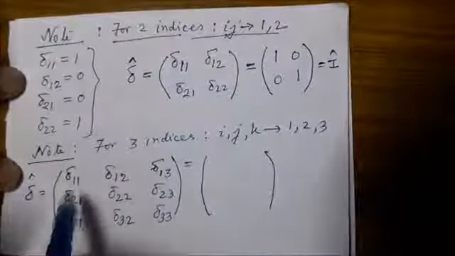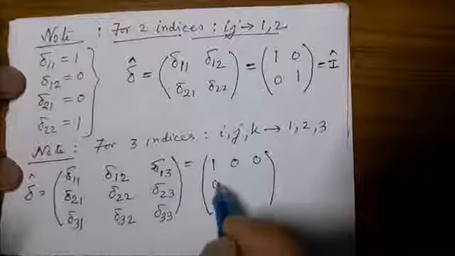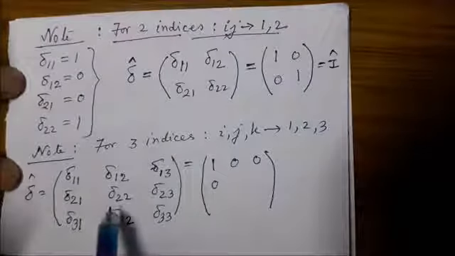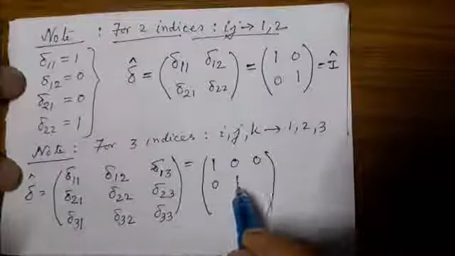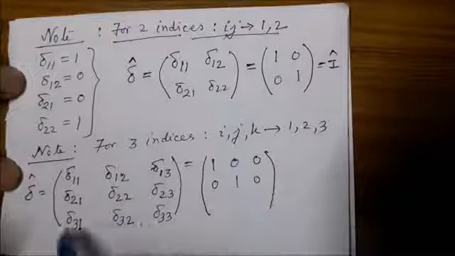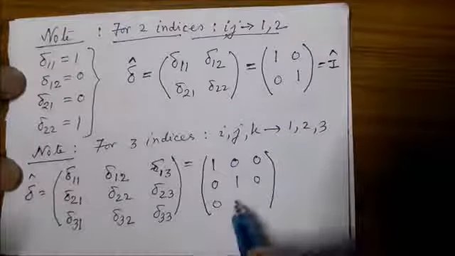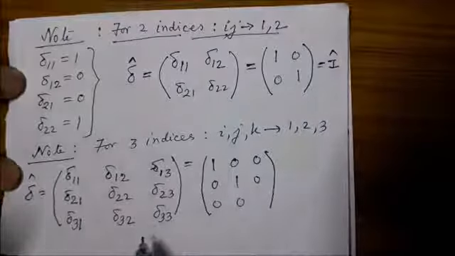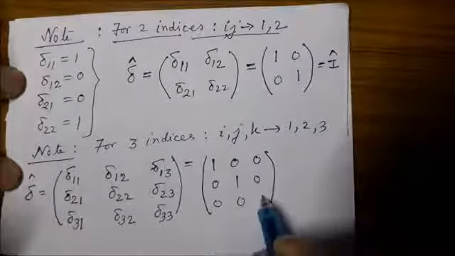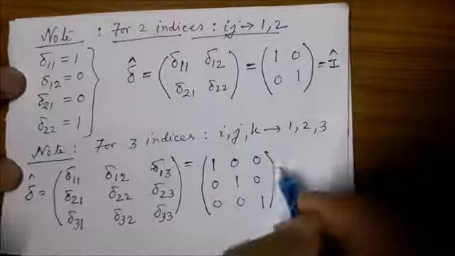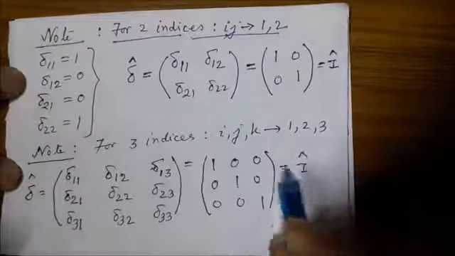very easy to find. 1 1 is 1, then 1 2 is 0, 1 3 is 0, 2 1 is 0, but here we have repeated indices, so this is 1, then we have 0, 3 and 1 are unequal, 3 and 2 are unequal, but 3 and 3 are equal, so here we have 1. So again we arrive at unit matrix.